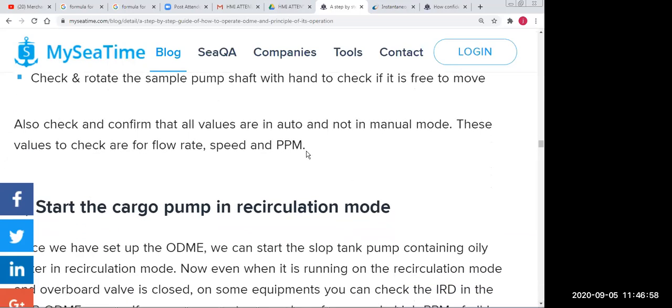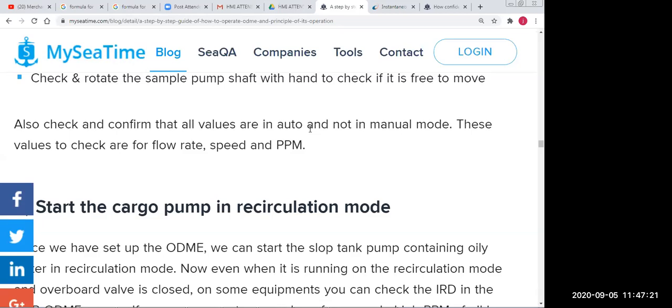Every entry of whatever you are doing in this ODME, such as putting from auto to manual, opening of overboard discharge, putting of speed or total cargo, will be recorded by a printer, and that record we have to keep for 3 years.